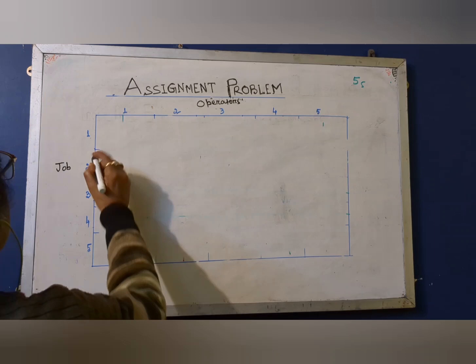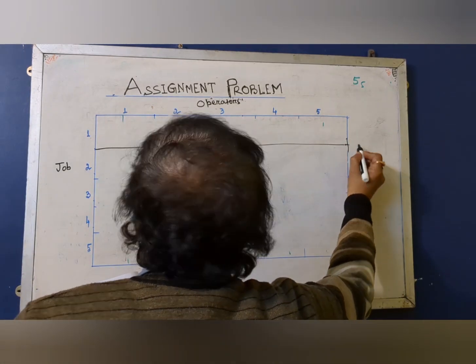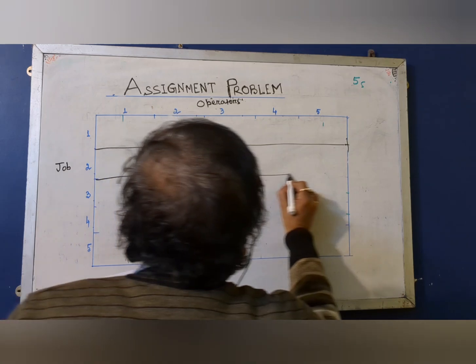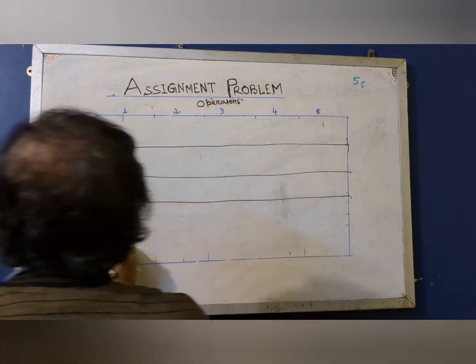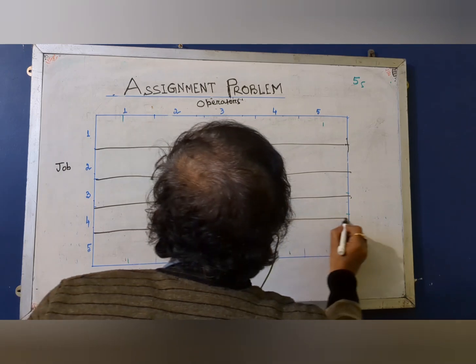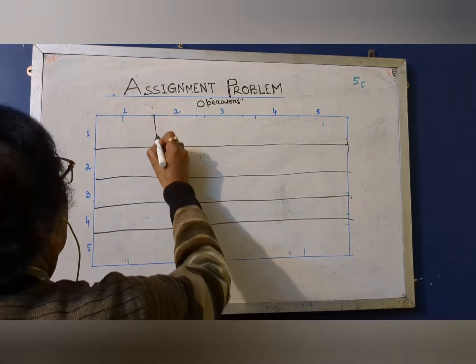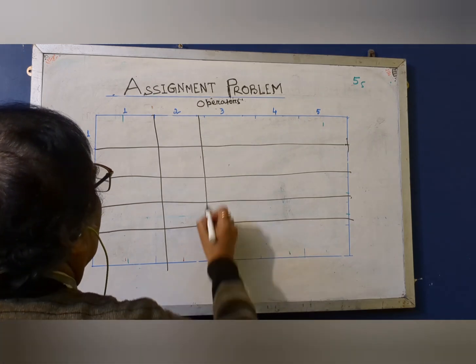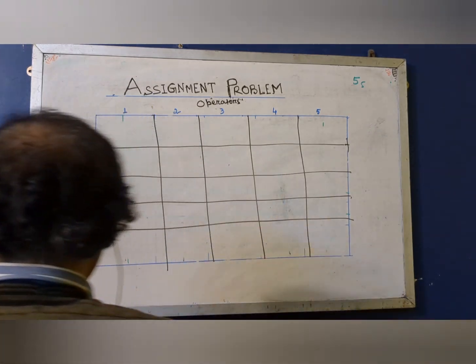Now this is 1 2 3 4 and 5, and 1 2 3 4 and 5.